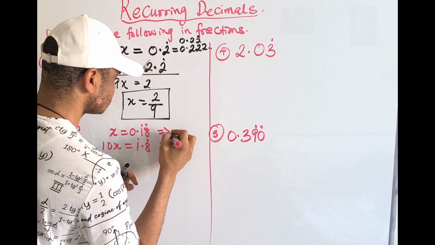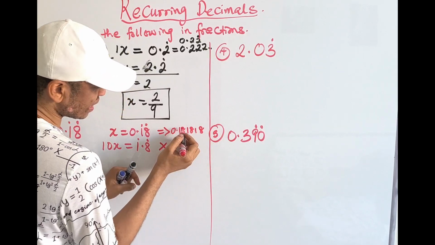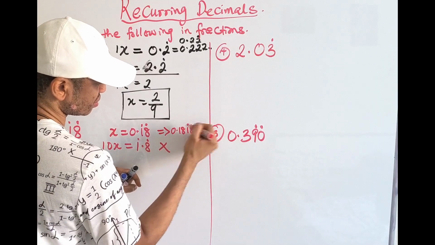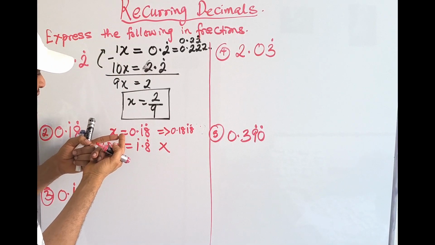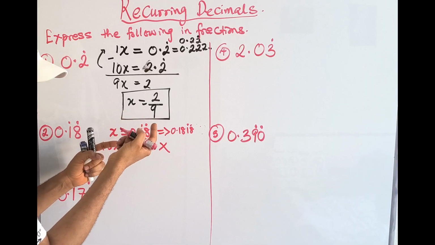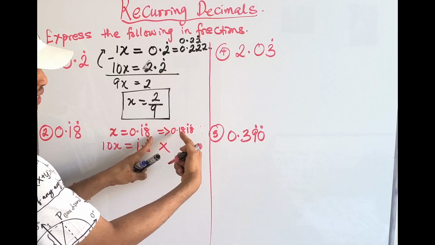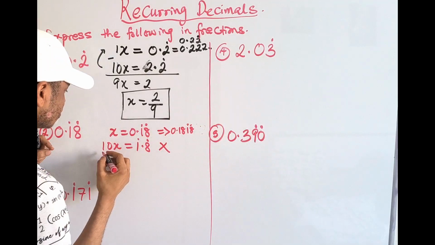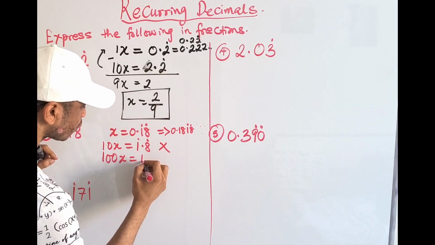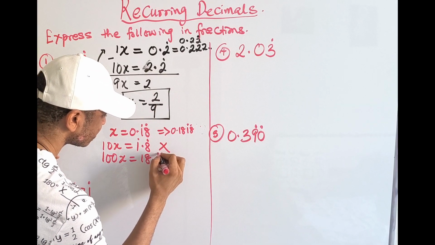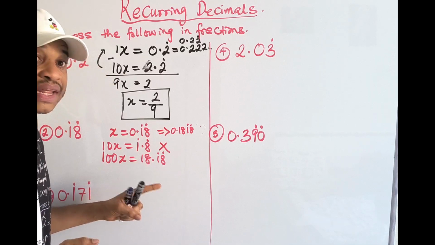Like I said, this is the same thing as 0.181818. So I can shift this recurring here. I wrote 18. So you see here, 10 will not work. 100 will work. I can move the decimal point here and start the recurring after the decimal. So 100x is equal to 18.18 recurring. Now I can do this in as much as I write 18.